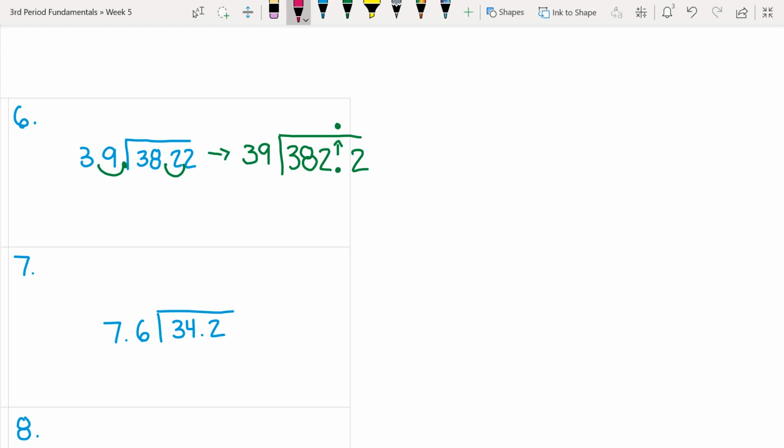Well, I know that we probably don't know these 39s off the top of our head, and that's okay. I know that it's not even on our multiplication chart. So what I'm going to do is show you how we solve these problems for 6, and then I'm going to let you use a calculator to figure out the other problems.